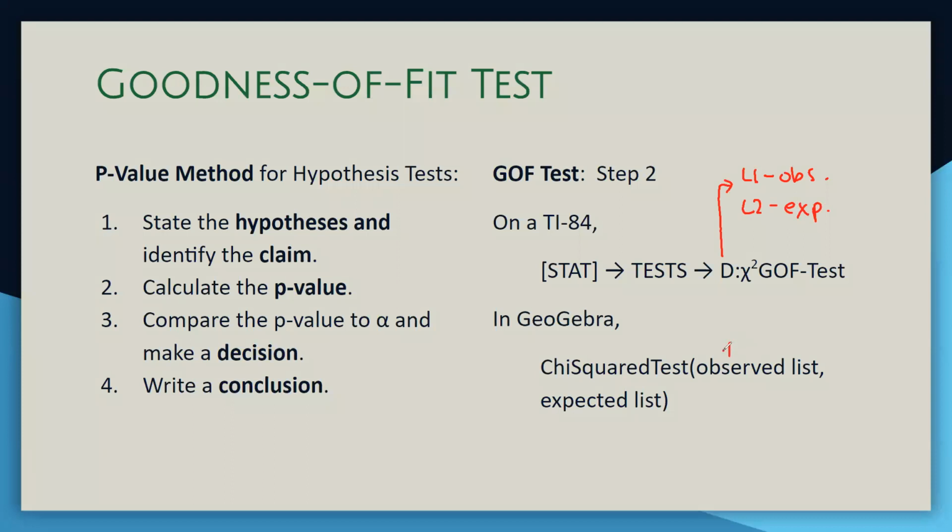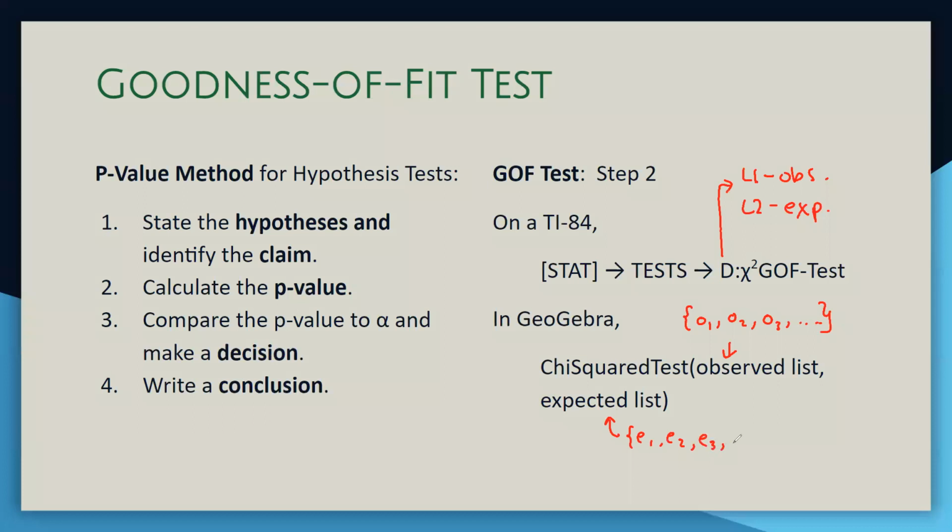For chi-squared, you're going to have 2 lists. And remember, a list in GeoGebra should be the value, comma, the next value, comma, the next value, comma. So those numbers, comma separated and surrounded by curly brackets. And you'll have 2 lists. You'll have one for the observed and one for the expected.